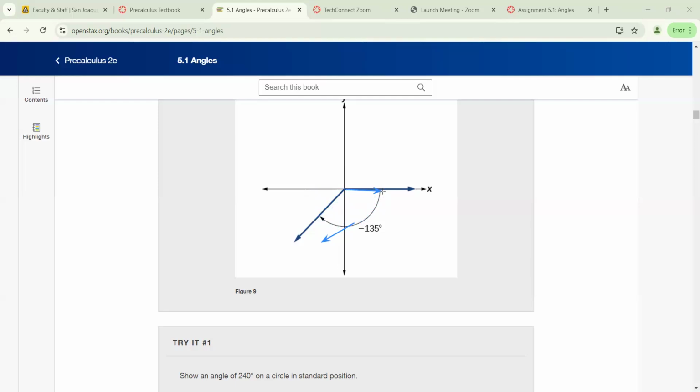That's the regular way of drawing it. But when you have a negative angle, you go in the opposite direction, which is clockwise. That's what is shown here for the negative 135-degree angle.